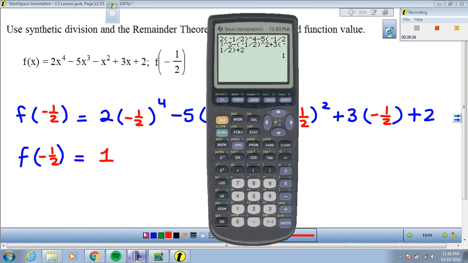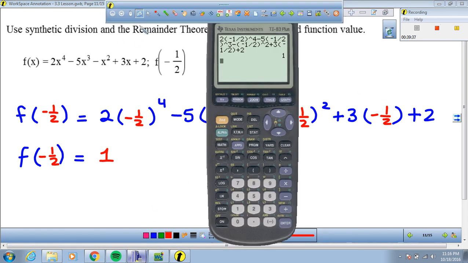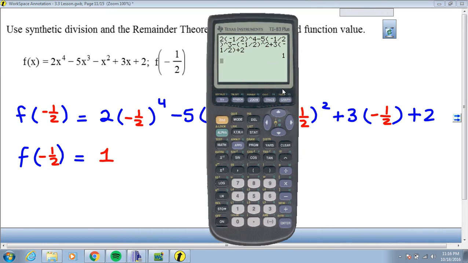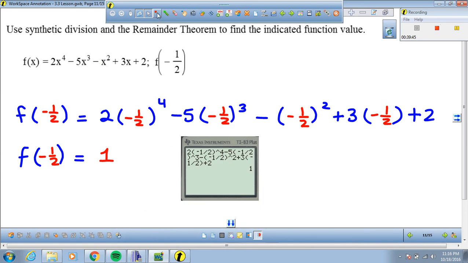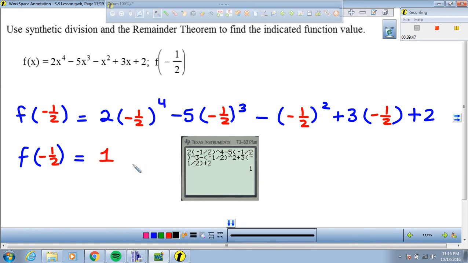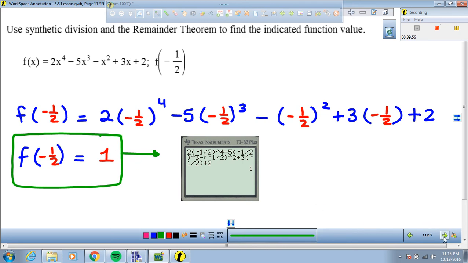Let me take a picture again of the calculator. So this is the remainder theorem, but we did the shortcut to the remainder theorem.